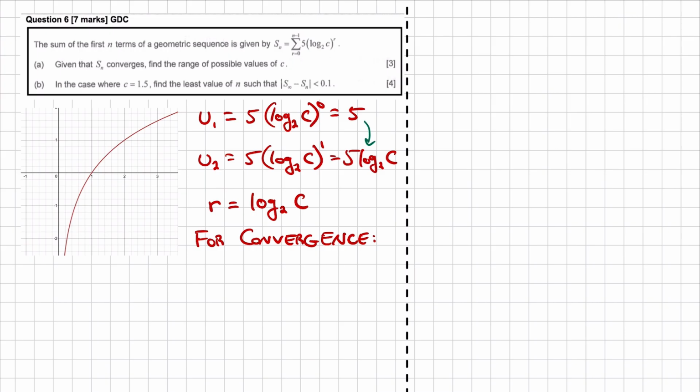Now for convergence, we know that the absolute value of our ratio has to be less than 1. Another way to think of that is that our ratio needs to be in between -1 and +1, right?